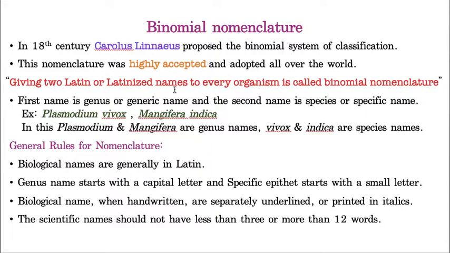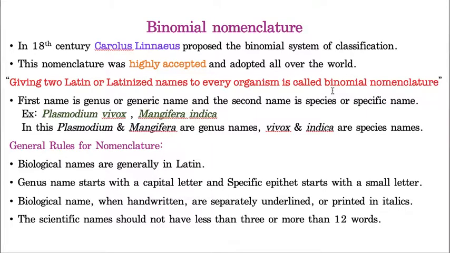Latin words only should be used to name that particular organism. That's why giving two Latin or Latinized names to every living organism is called binomial nomenclature.